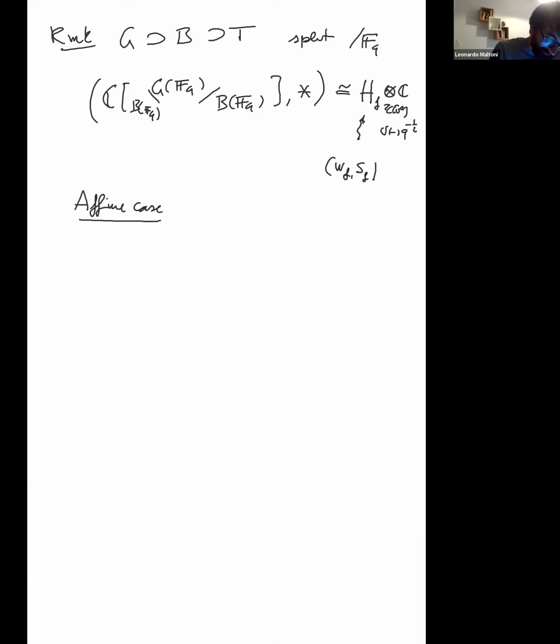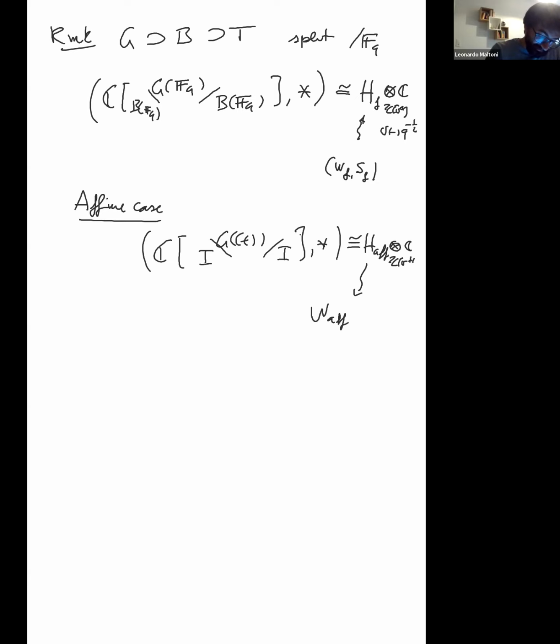Here we have to consider the algebra of functions over C((t)) which are Iwahori-invariant on both sides under convolution. And this is isomorphic to the affine Hecke algebra with the same specialization, where the affine Hecke algebra is associated to the affine Weyl group.